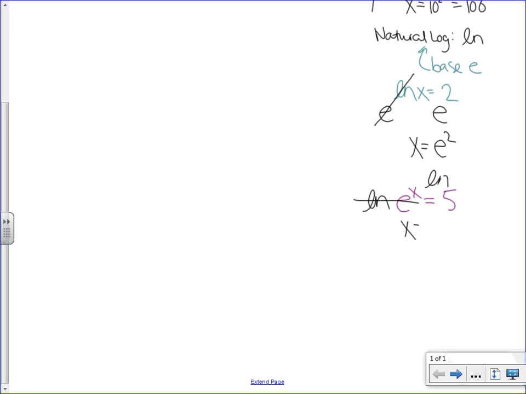So that means x is equal to the natural log of 5, which you will put in your calculator and get some decimal. Same thing for the common log. If I had 10 to the x is equal to 4, you can take the common log of both sides, and I get that x is equal to whatever the log of 4 is. You put that in your calculator and you get some decimal.